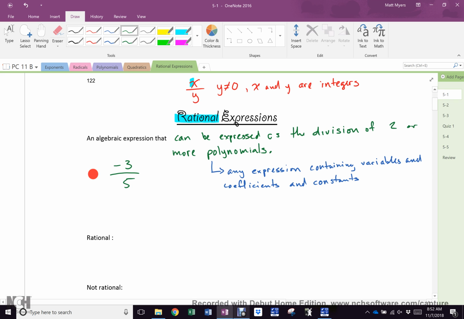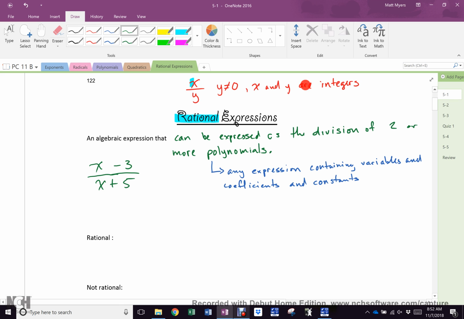Now, I have a rational expression. Why? Because I don't know the value of this anymore, do I? Right? Because the numerator and the denominator are no longer guaranteed to be an integer, are they?